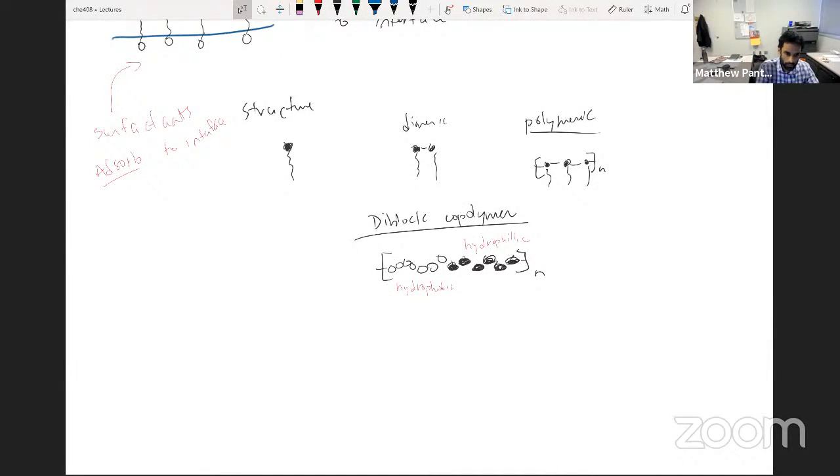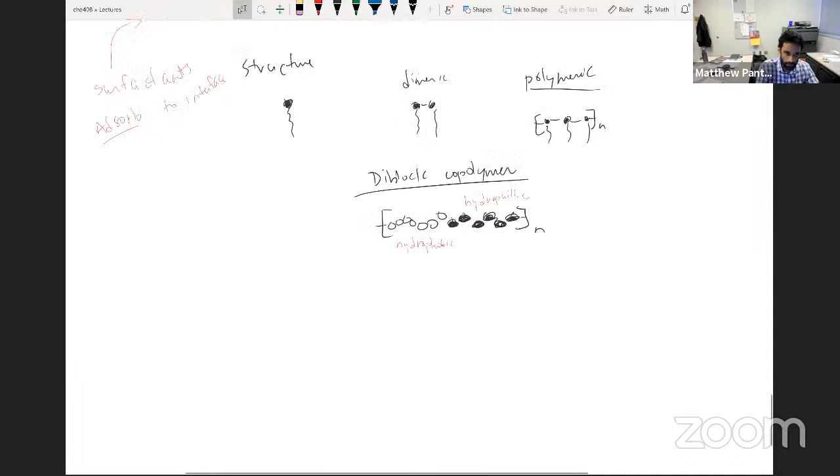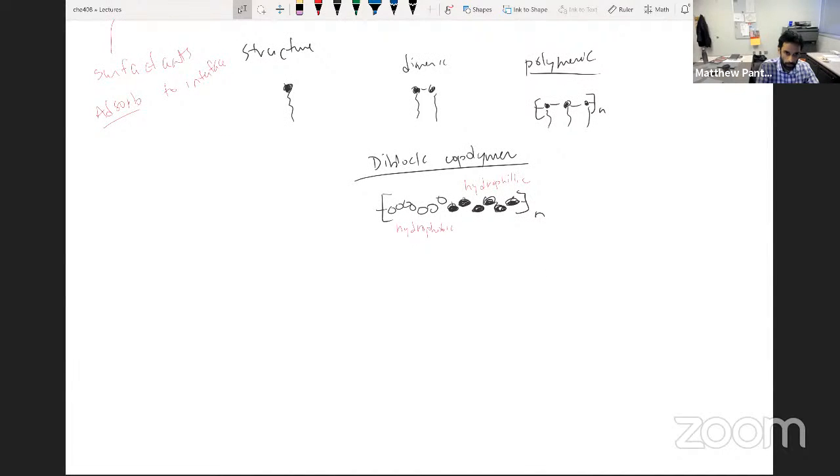There are some things that happen that are interesting. We can measure the surface energy of this. Remember, we have gamma, surface energy, or in this case, because it's a liquid, we'll call it surface tension.